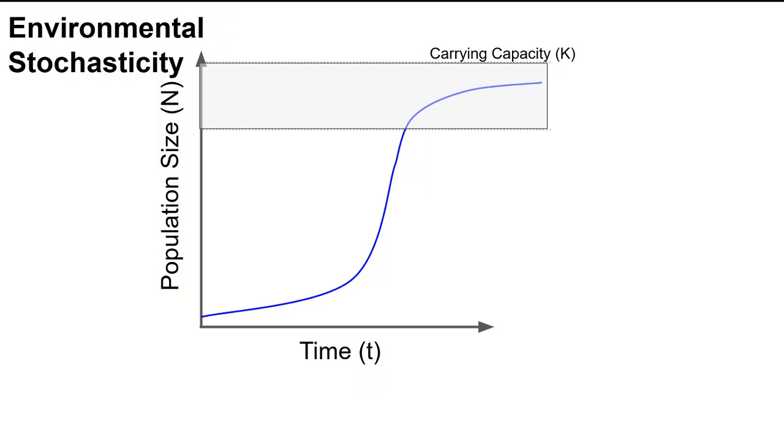We already saw an example of environmental stochasticity and how we might incorporate that into a logistic model when we looked at carrying capacity. So that carrying capacity example that I gave earlier is one of the ways that we might capture environmental stochasticity.